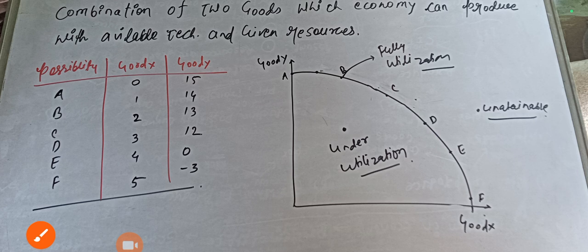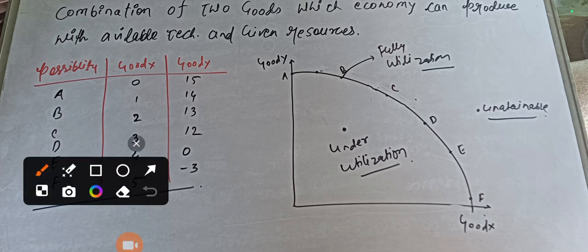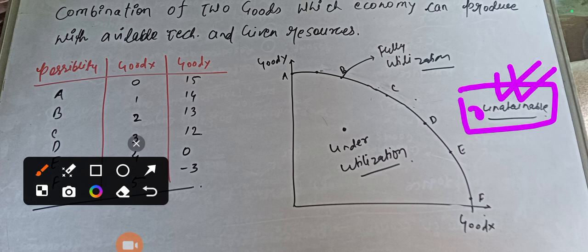Now if any point is out of the curve, then this point is known as an unattainable point. Why is it unattainable? Because we have fixed resources and given technology, and if we go beyond, we can't attain this point.